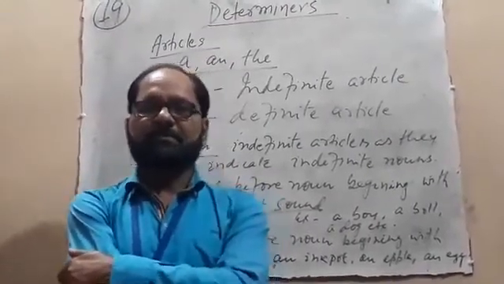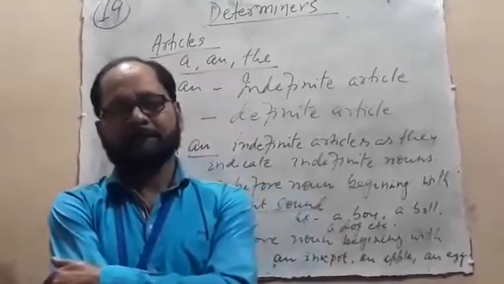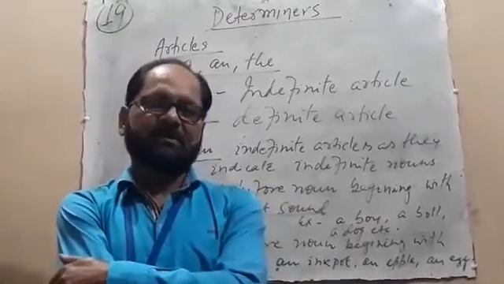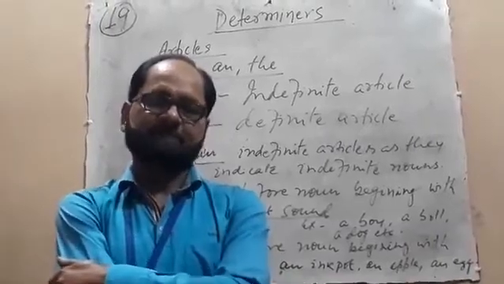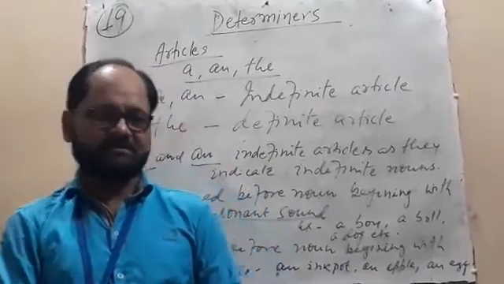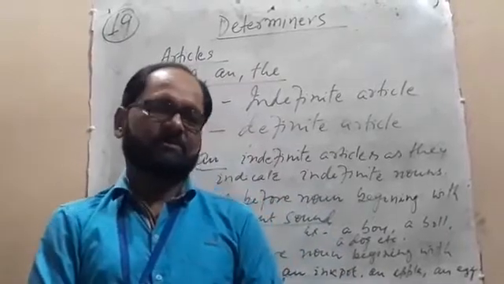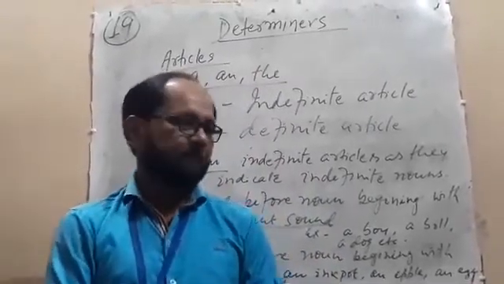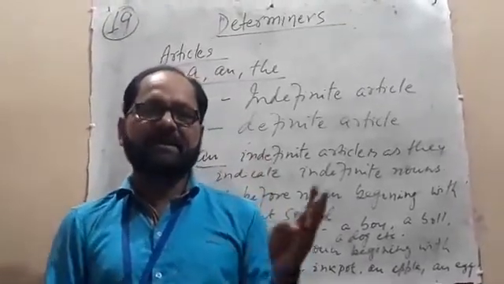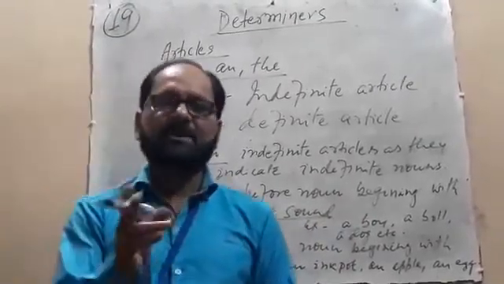I hope you have read about vowels and consonants in your previous classes. As you know, there are 26 alphabets in English, A to Z. Among the 26 alphabets, there are 5 vowels, A, E, I, O, U, and the rest are consonants.